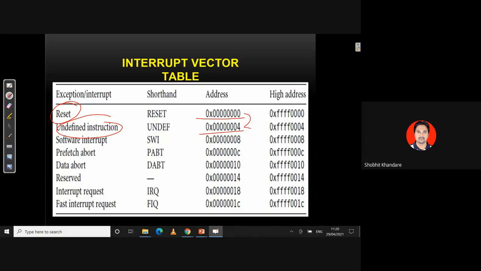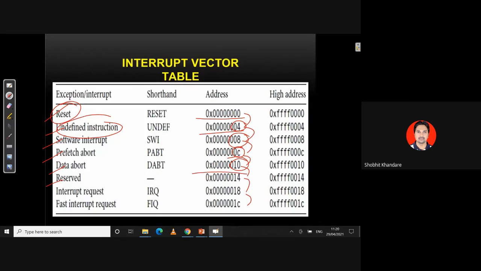It's better to understand that there is a difference of 4 and then it goes in this manner. Reset is 0, undefined instruction 04, software interrupt 08, prefetch abort 0C, data abort 10, reserved.